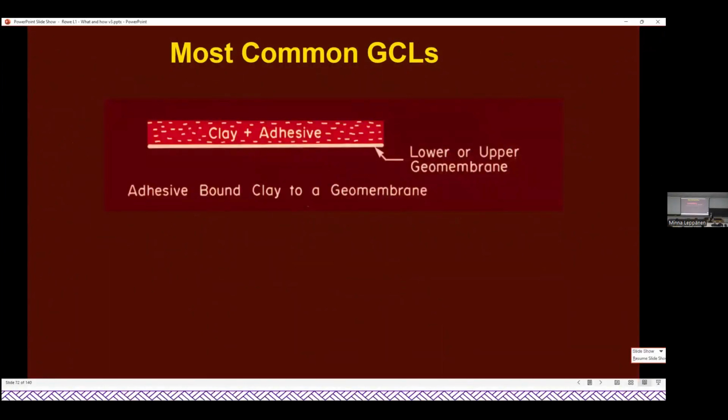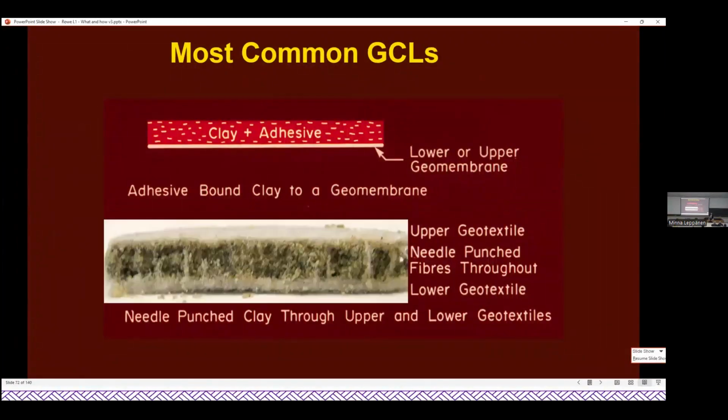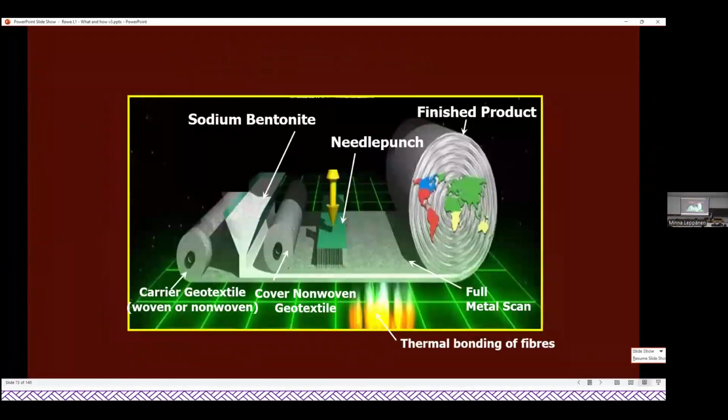I want to finish off with GCLs. They come in two forms, one with adhesive holding the bentonite to a structure, and 95% or more are a layer of bentonite sandwiched between two geotextiles and needle punched together, as we see here.